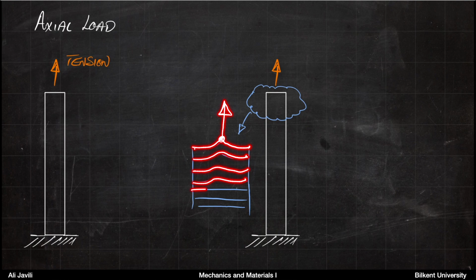And eventually, if you reach a certain height, or if you are sufficiently far from the point at which you apply the force, then you see a uniform distribution of internal forces and stresses and strains caused in the bar.